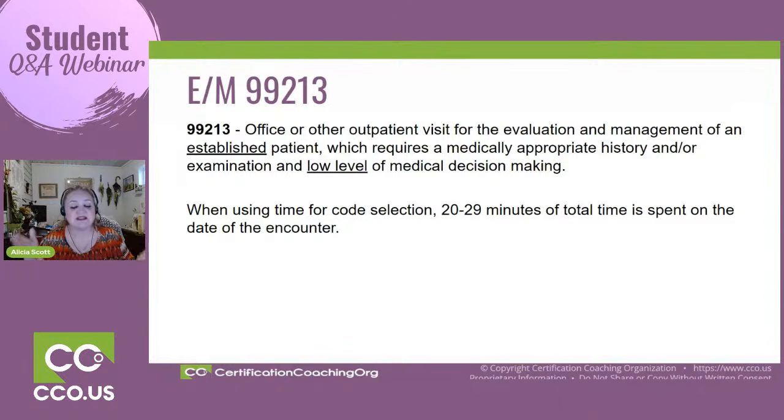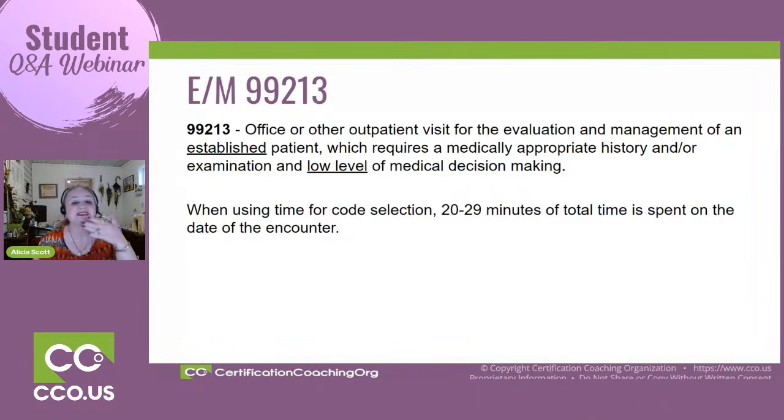And so this is an established patient, so I went ahead and underlined that. And I encourage you, that's part of the process we do with the BAT technique that Laureen came up with back in 1999, is that we bubble, highlight, and annotate the information. So established patient, just go ahead and underline that.